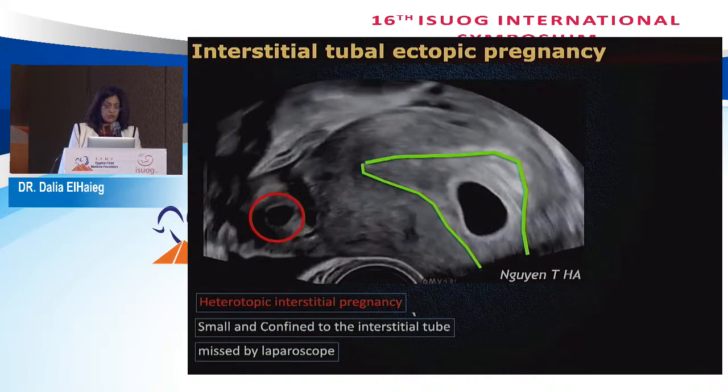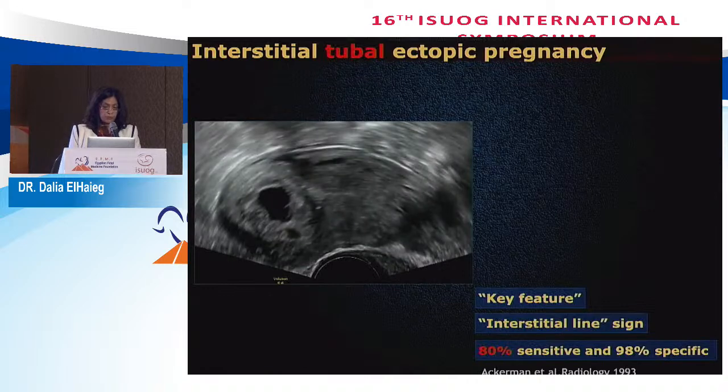The cavity should be empty, unless in cases of heterotopic pregnancy, where we have a sac inside and the other one is small and confined to the tube, and it was even missed by laparoscopy.